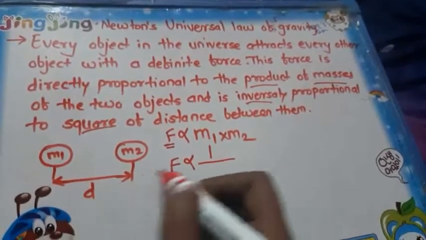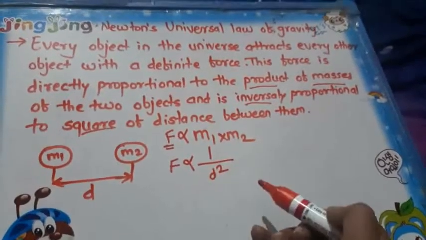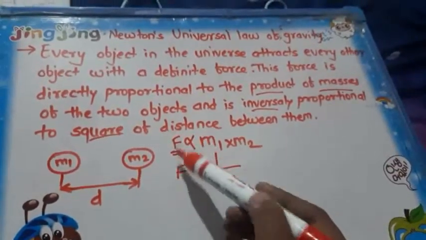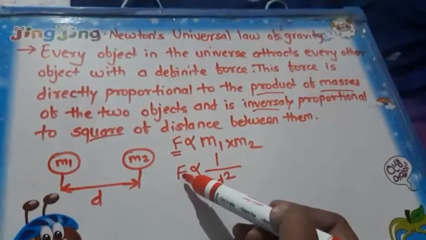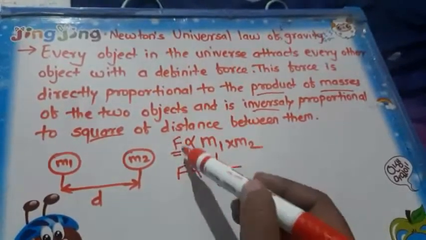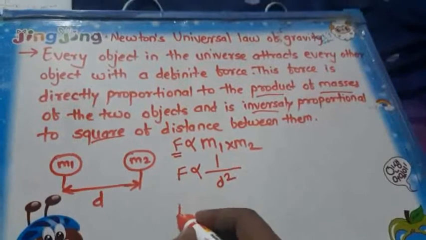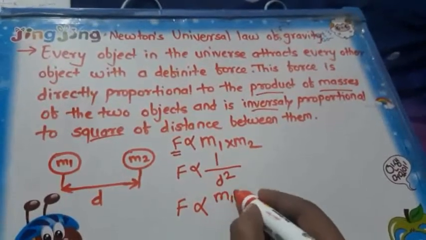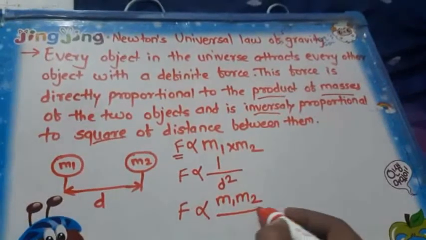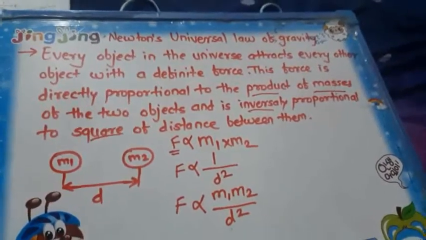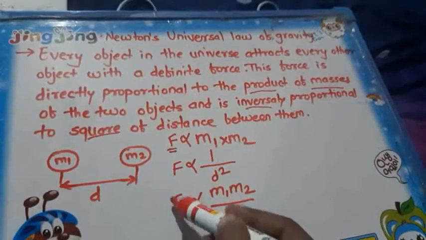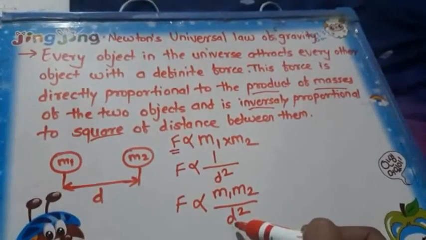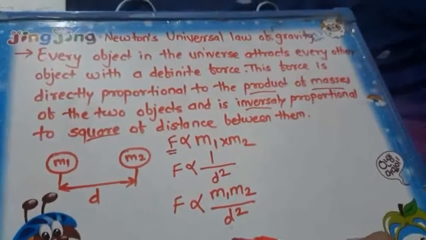The distance between them is d, so its square will be d square. Now if you see, the left side is indicated by F. This factor is the same, so we can equate that in this way. F is directly proportional to m1 m2 divided by d square, which indicates F is directly proportional to the product of masses and F is inversely proportional to the square of the distance between them.